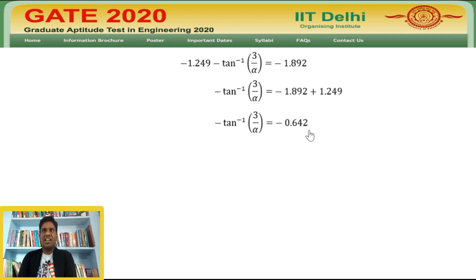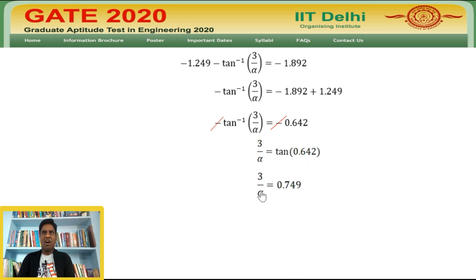In this equation, left hand side minus and right hand side minus will get cancelled to each other, and shift the tan inverse term to the right hand side, then the equation will be 3 divided by alpha equal to the tan of 0.642. In this equation, the right hand side part, the tan of 0.642, is 0.749. Then the equation will be 3 by alpha equal to 0.749.